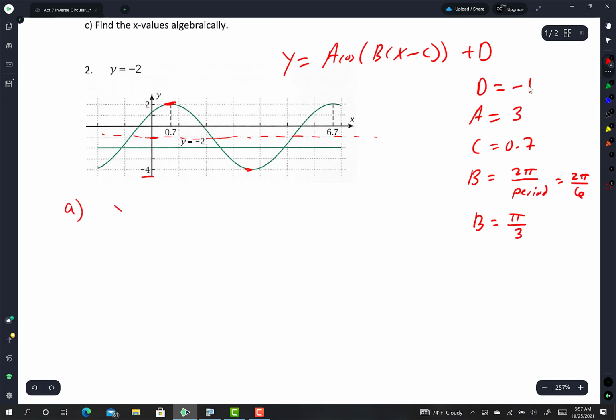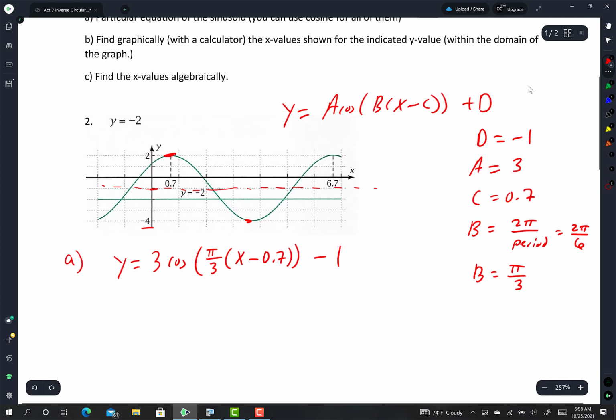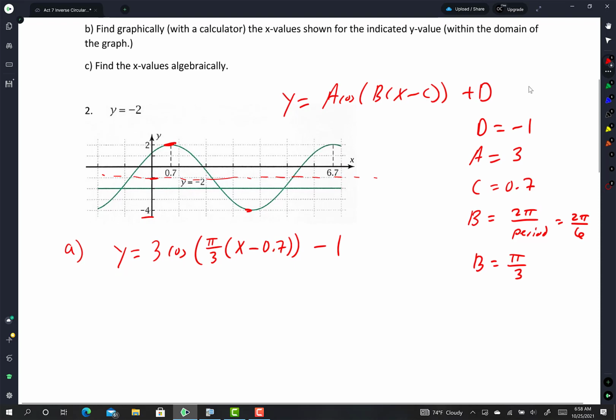It's just going to be y equals 3 cosine of pi over 3 times (x minus 0.7), minus 1. So there it is. And then letter B: find graphically with the calculator the x value shown and the indicated y value.